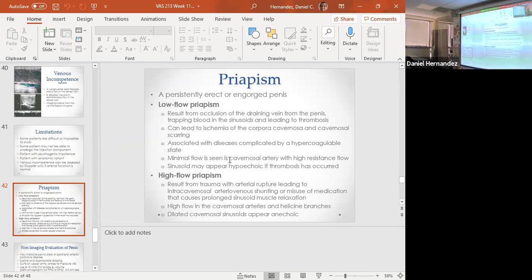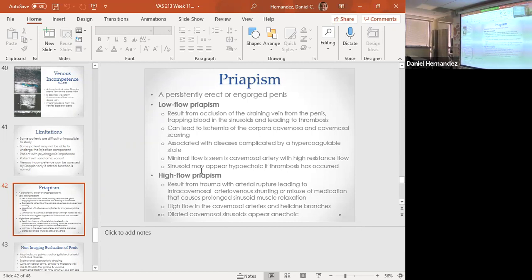We can have high flow priapism. This results from trauma with arterial rupture, leading to intercavernosal or arteriovenous shunting, or misuse of medication that causes prolonged sinusoid muscle relaxation. So this would be cases where a patient takes Viagra or those erectile medications, and their erection won't go down.